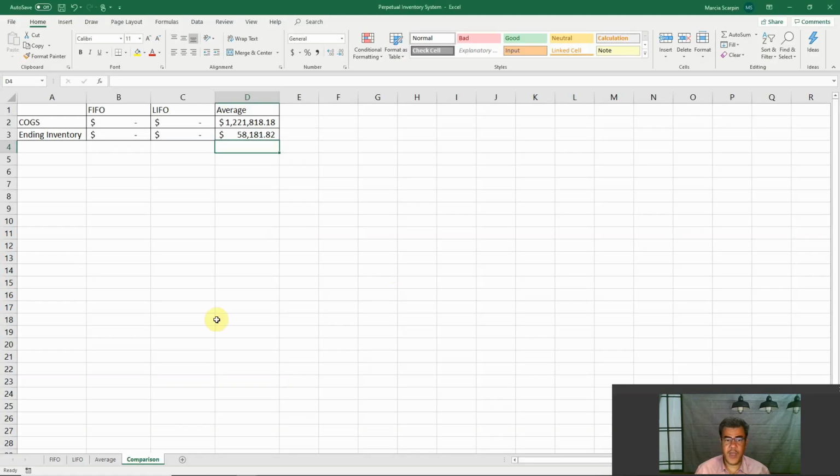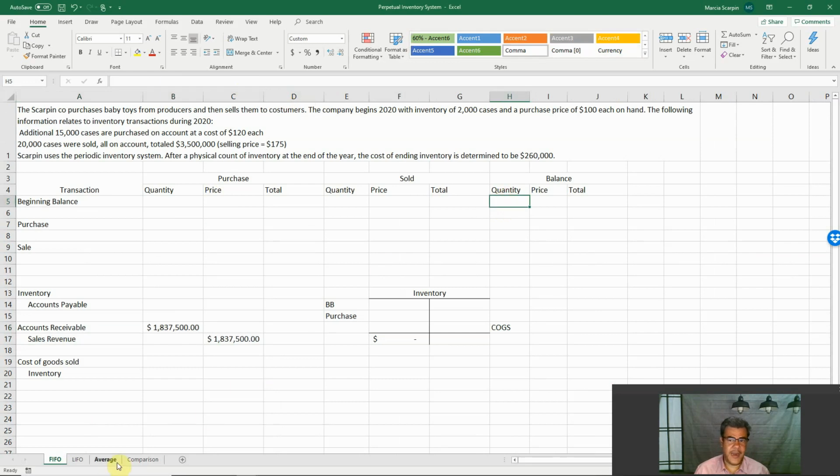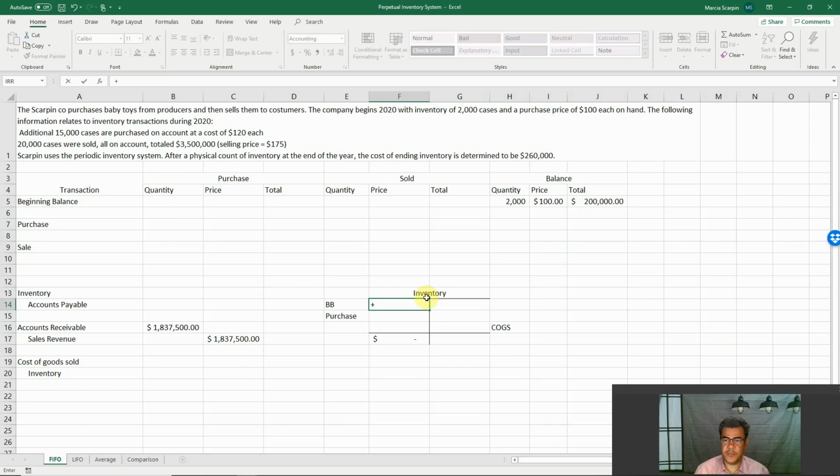Let's go back to our Excel. Exactly the same data. Okay, so we will be working with the same data. Beginning balance is also the same for everyone. $200,000, and it is our $200,000 here. So inventory debit, inventory here, credit inventory here.